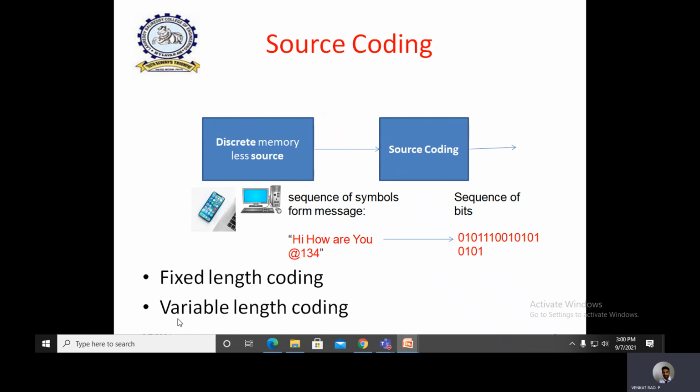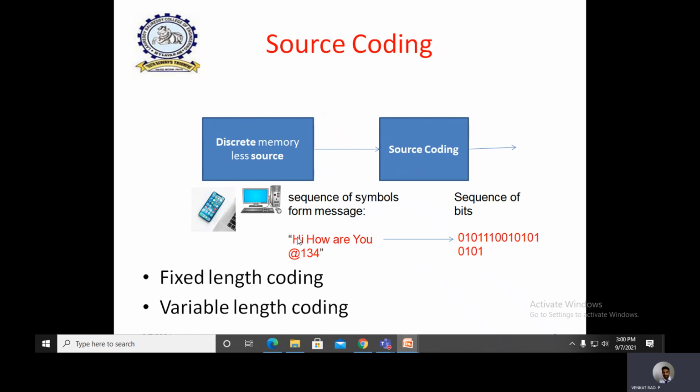Similarly, variable length coding means the number of bits assigned to each and every symbol varies depending on the probability of occurrence of the symbols. Suppose here in this case, the letter H comes 2 times, but the letter Y only comes 1 time.